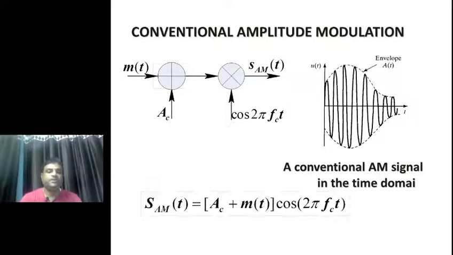So that is our output: Ac plus m(t) multiplied by cos 2 pi fc t. It is our conventional amplitude modulated signal, and we also see the diagram of the envelope of conventional AM signal, and I already explained about this envelope.